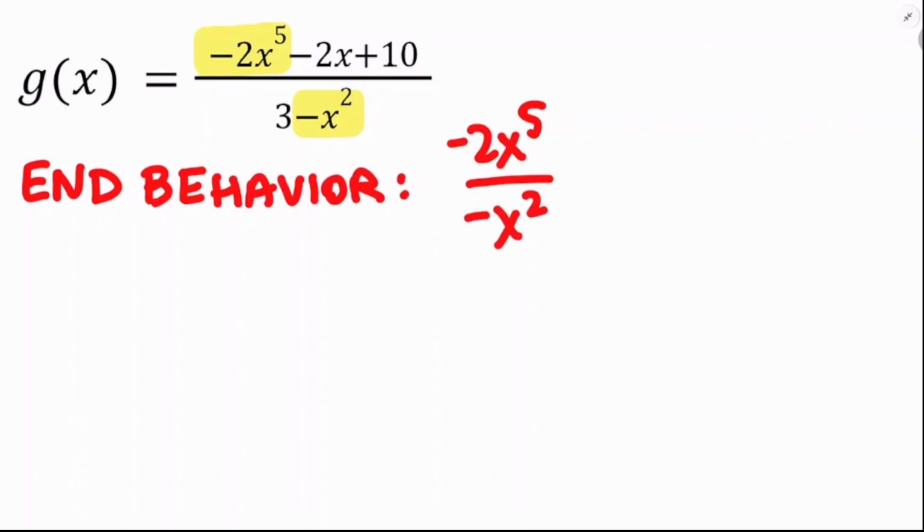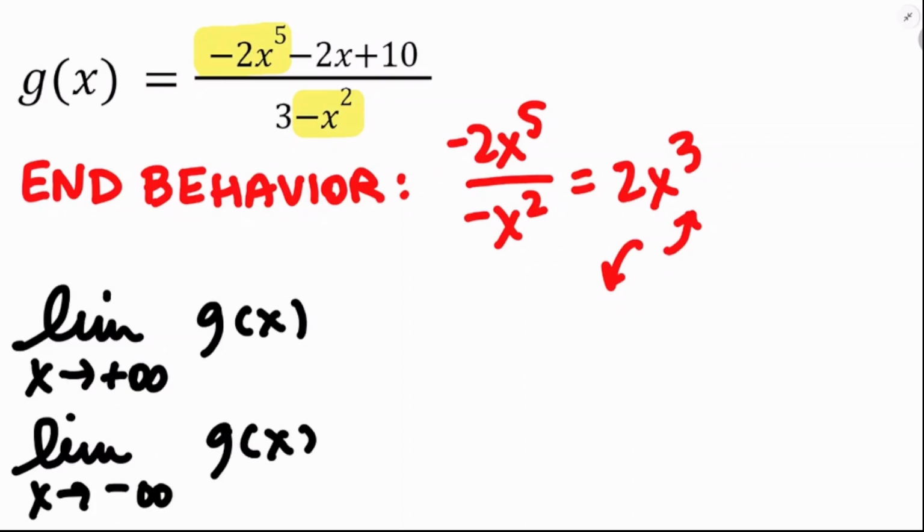Okay, so negative 2 divided by negative 1 is positive 2. X to the 5 divided by x to the 2 is going to be 3 powers of x. So the end behavior of g is going to be the same as the end behavior of 2x to the 3, which is like that. So we'll write in our limits. As x approaches positive infinity, off to the right, g of x is also approaching positive infinity. And then as x approaches negative infinity, as we move to the left, g of x is also going to be approaching negative infinity.